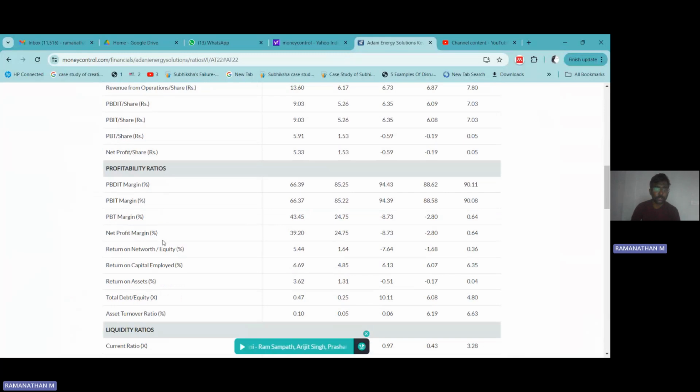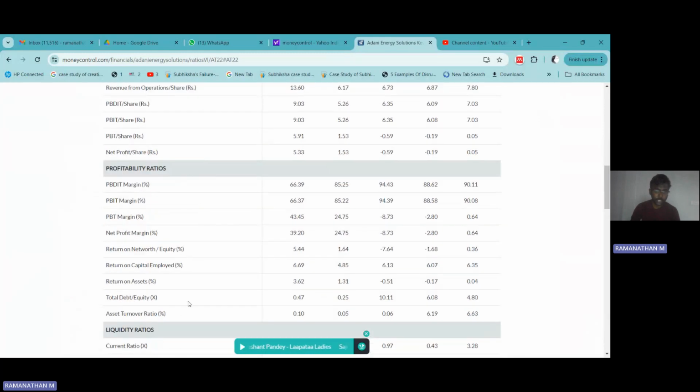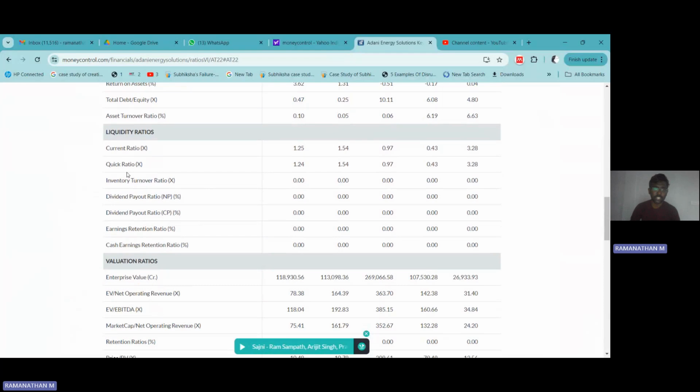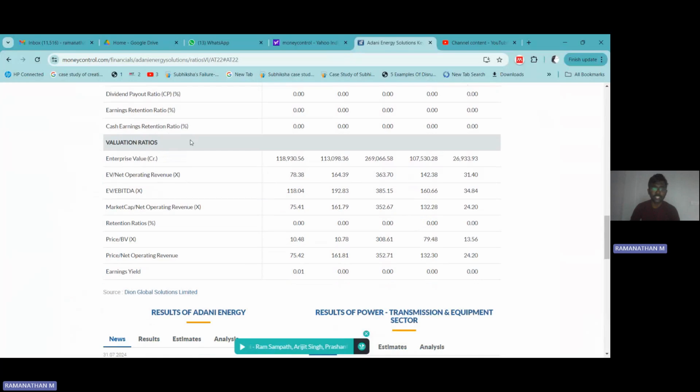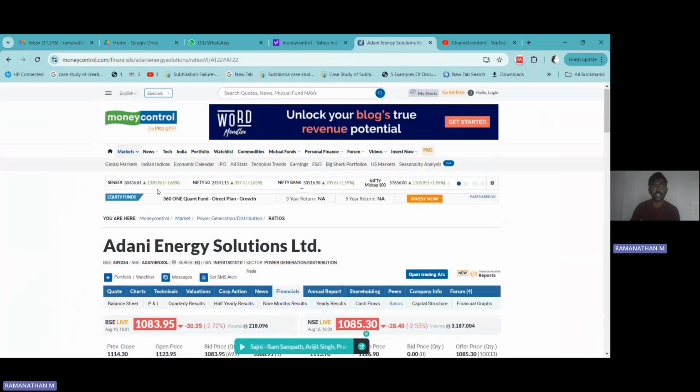Then there are profitability ratios like net profit and return on assets. Then liquidity ratios like current ratio, quick ratio, and dividend payout ratio. Then valuation ratios, the most important ones, like price to book value, price to net operating revenue, and earning yield. Likewise, there are n number of ratios.